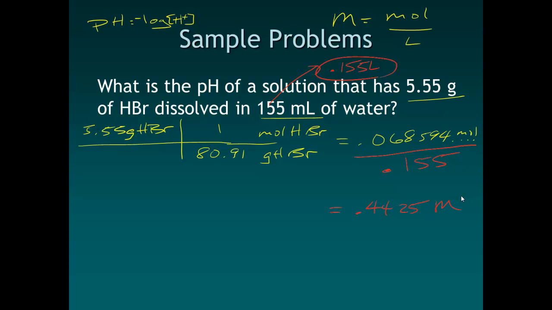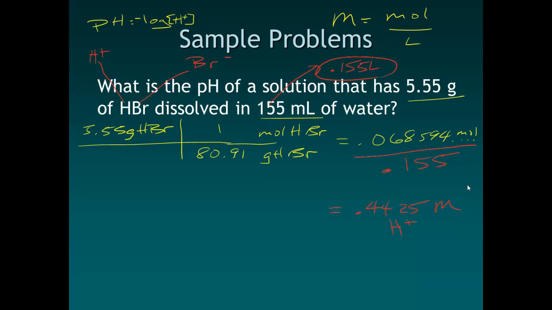Okay? So now I actually have a concentration. When I put this hydrogen bromide in solution, it's going to split up into H plus ions and Br minus ions. And so when I figure out this concentration, that's my concentration of hydrogen ions. It also happens to be my concentration of bromide ions.